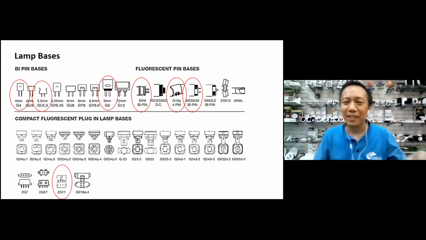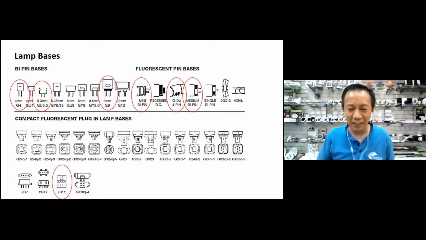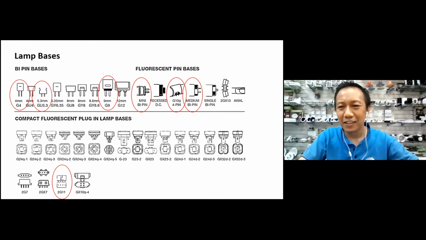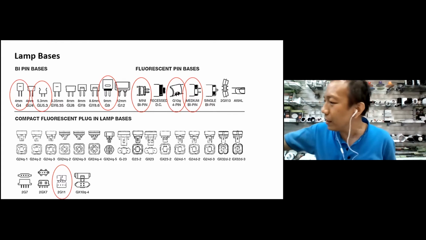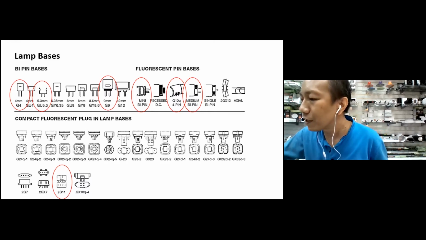Sir, bago tayo mag-move on, last question na lang po regarding the bulbs. What's the difference between an HID and a halogen? Okay. Yung HID, wait, kukunin ko muna. Ito.